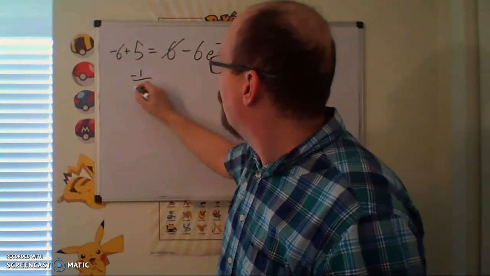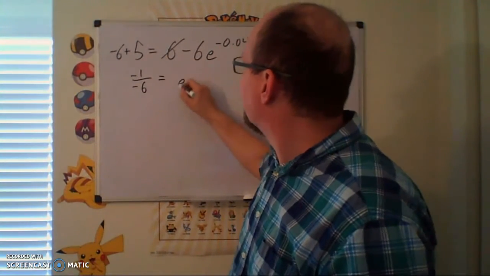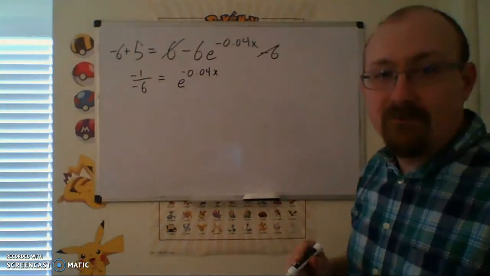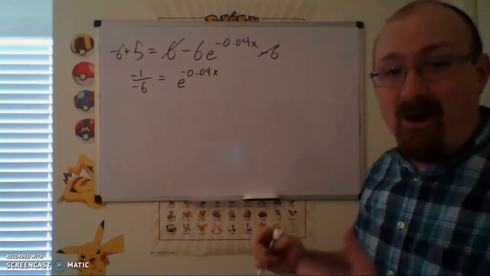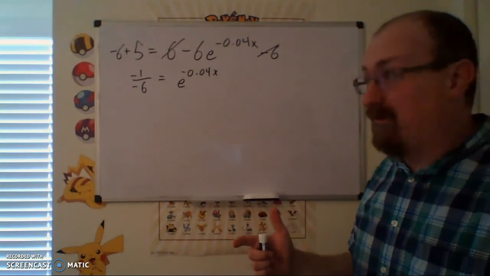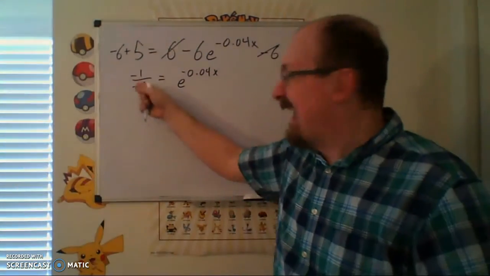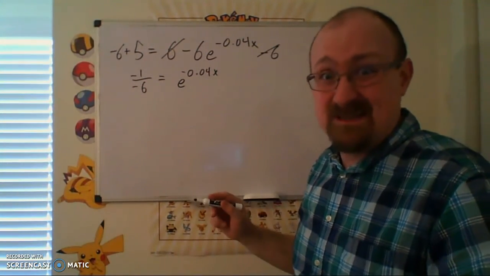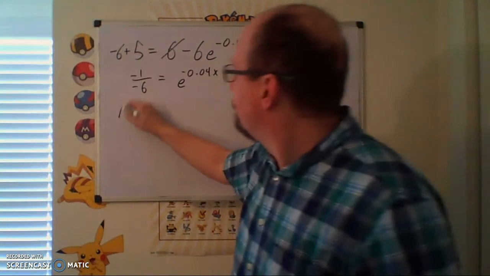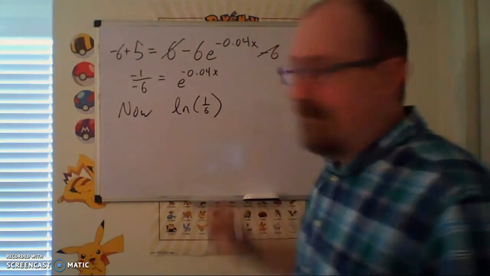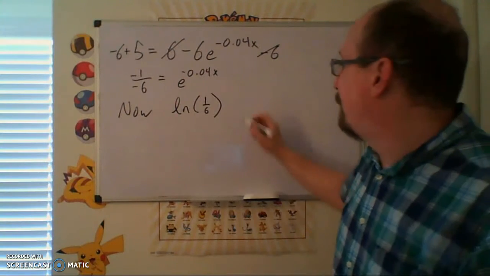So I have -1 divided by -6. Almost lost my minus sign there. That would have thrown things off. And we have now e to the -0.04x is by his lonesome. That's what we're after. And again, the negatives cancel. You can write that as 1/6 if you like. So now I take my natural log of both sides.